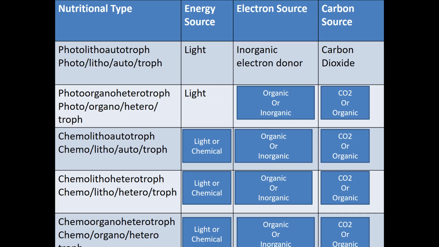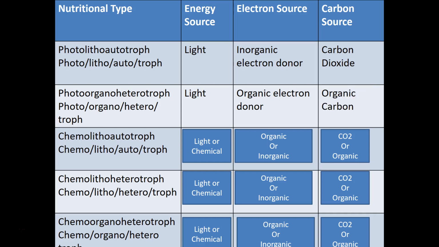For the next nutritional type, an organism can be photo, which we know means light. Organo means organic. We like that one, it's easy. Heterotrophic means, as far as carbon source, our choices are carbon dioxide or organic. Heterotroph means organic. So, look, just two choices for organisms that can use light energy.